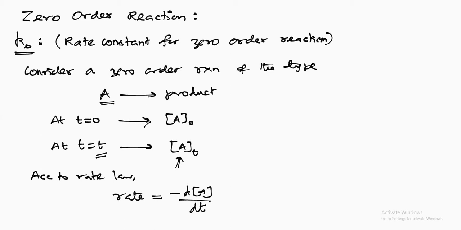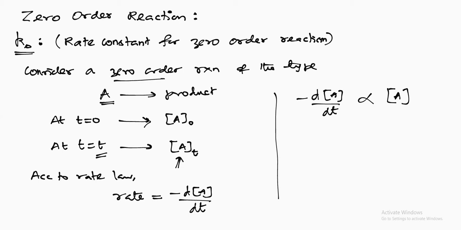So rate of this reaction is given as minus dA by dt, and according to rate law, this rate, that is minus dA by dt, is directly proportional to the concentration of the reactant raised to the power of the order of the reaction.